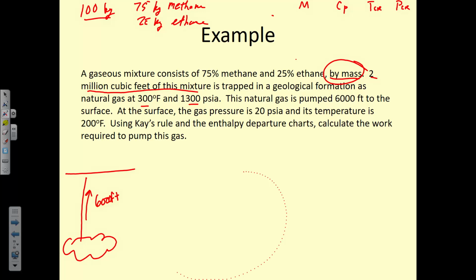So for methane, which is CH4, we have a molar mass of 16 pound mass per pound mole. C sub P is 0.532 BTUs per pound mass Rankine. T critical is 343.9 Rankine. P critical is 673 psia.